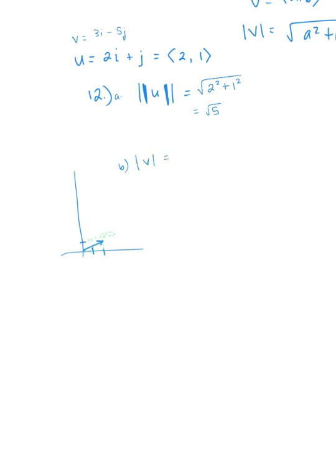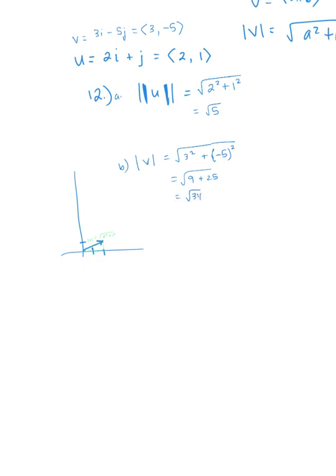Okay, so then we would take the square root of the horizontal component squared plus, sorry, the vertical component squared. I said square root. So what do we have? 9 plus 25. So that would be the square root of 34.